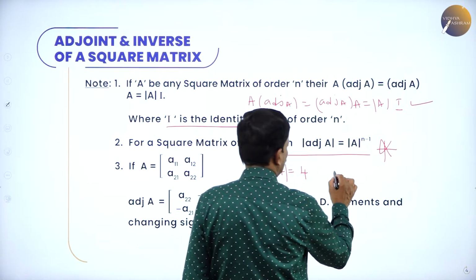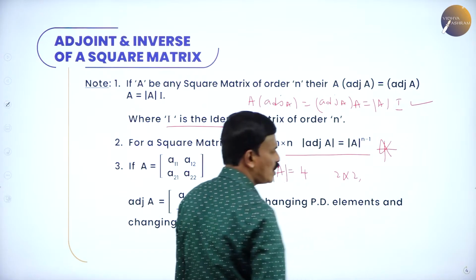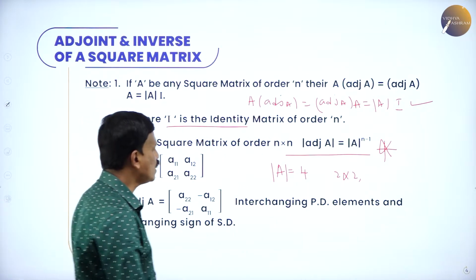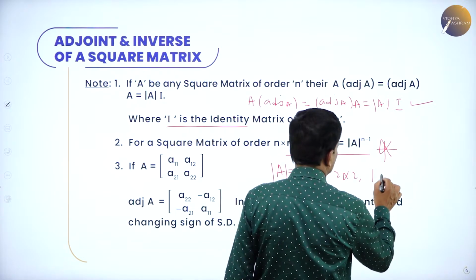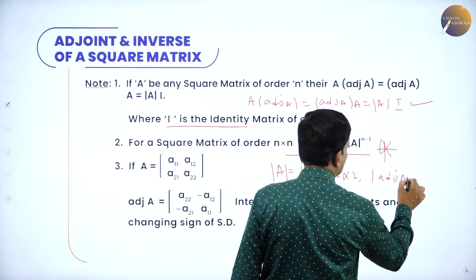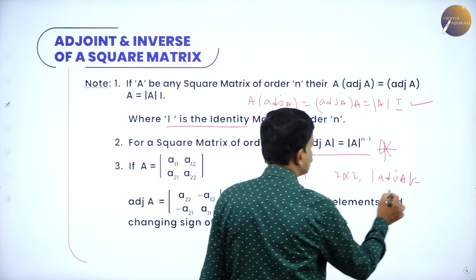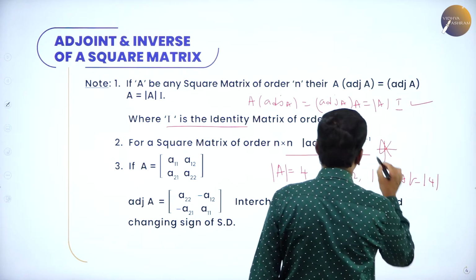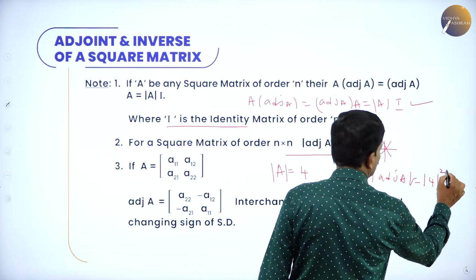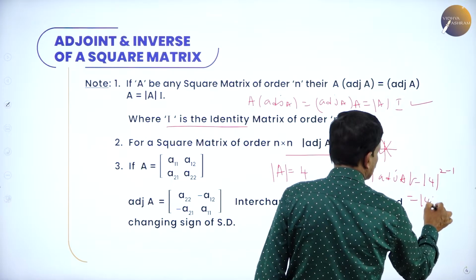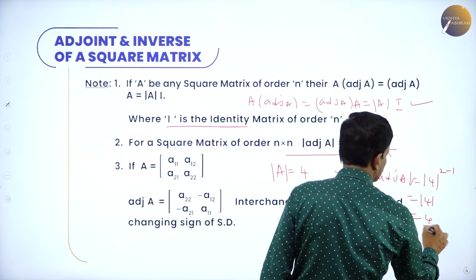If the matrix is of order 2 rows 2 columns, then the determinant of adjoint of A is 4 to the power of 2 minus 1, which is 4 to the power of 1, that is equal to 4.